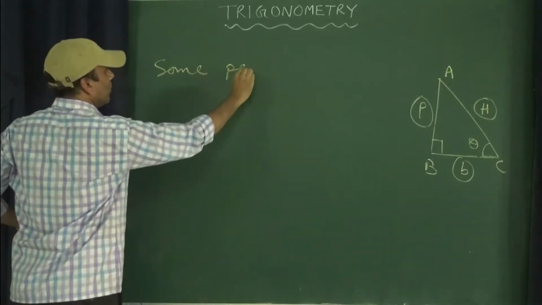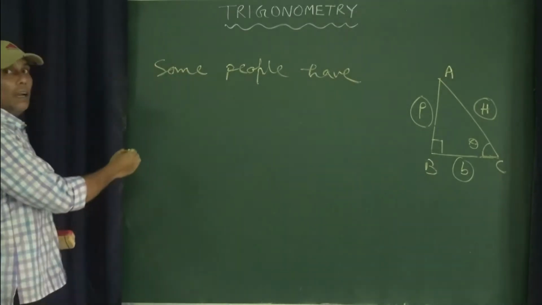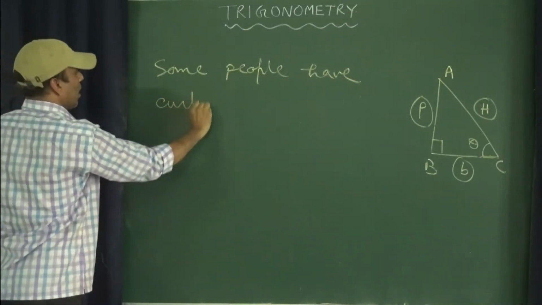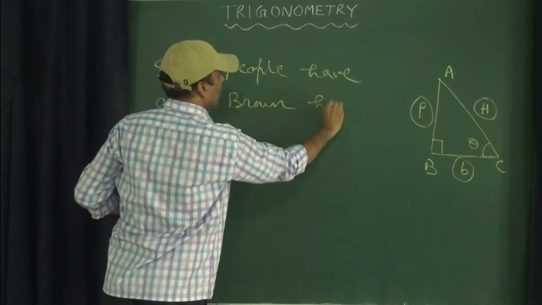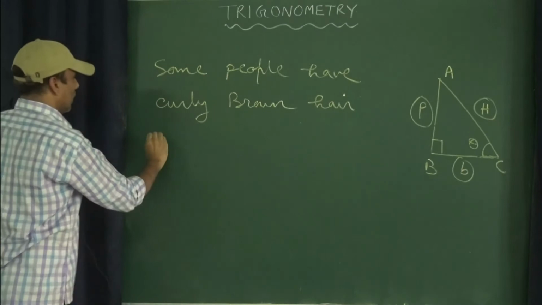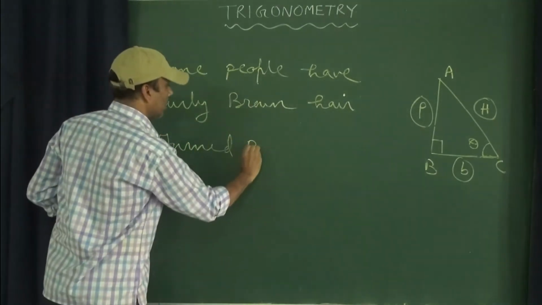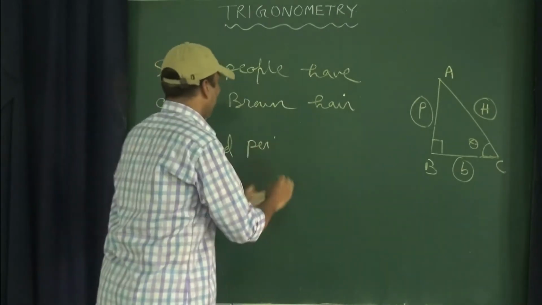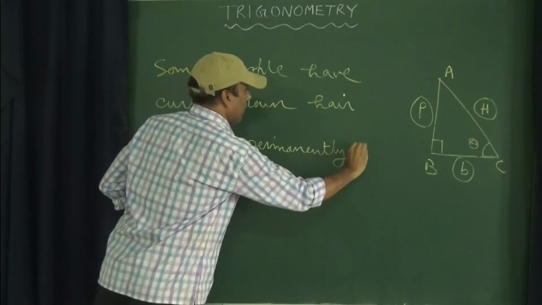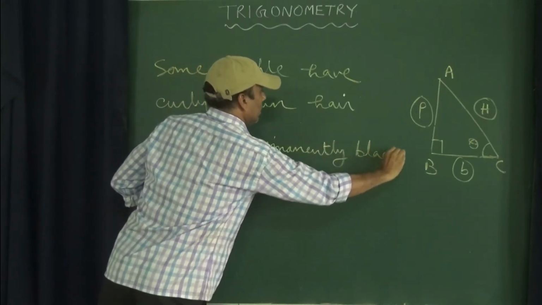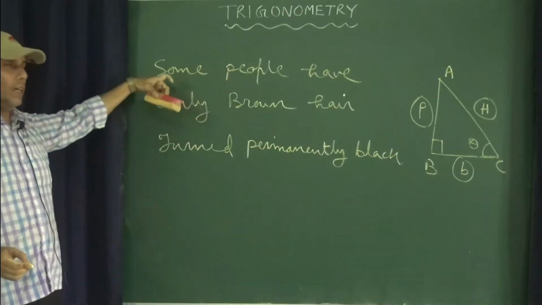So the sentence is, some people have curly brown hair turned permanently black. Now this sentence is made up of 9 words.